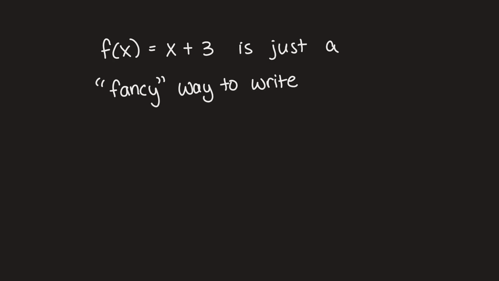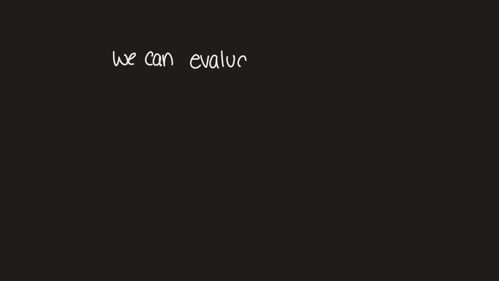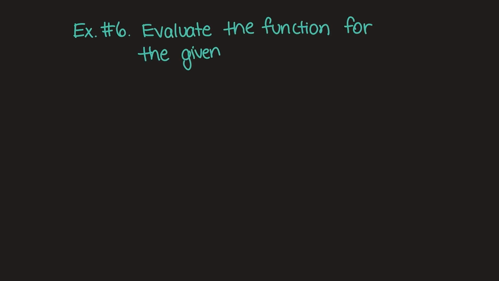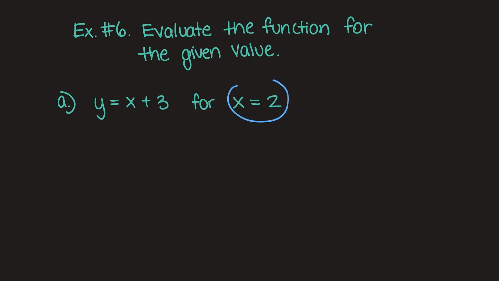So consider the function f of x equals x plus 3. Really, this is just a fancy way to write y equals x plus 3. So just know that both ways can be used interchangeably. We can also evaluate functions. So for example 6, let's evaluate the function for the given value. All we need to do is substitute 2 in for x of the function.